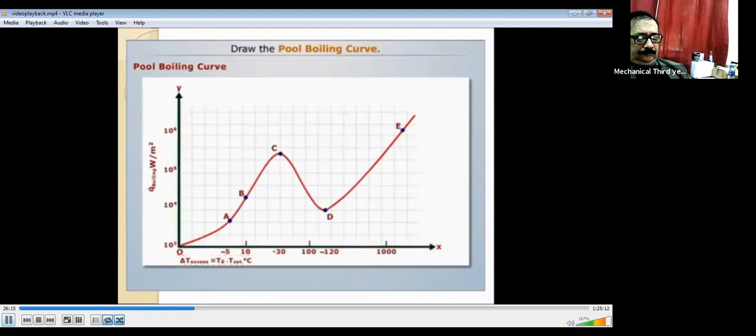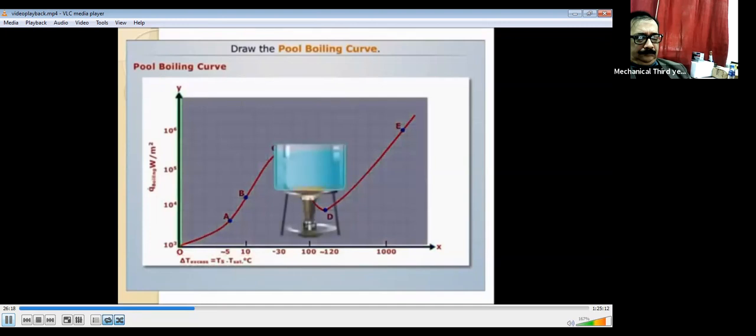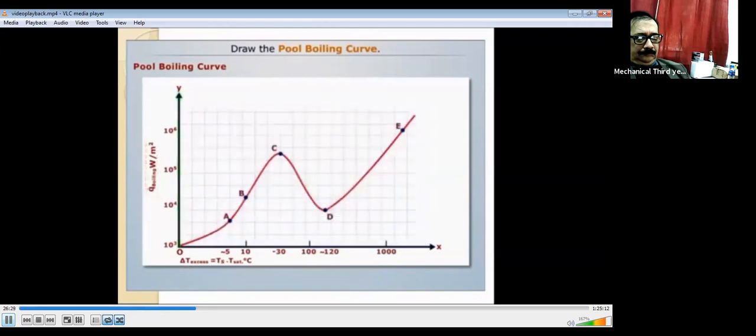And the y-axis represents the heat transfer to the water per unit surface area of the vessel, which is represented by heat flux q dot boiling. The curve OABCDE is known as the pool boiling curve of water.